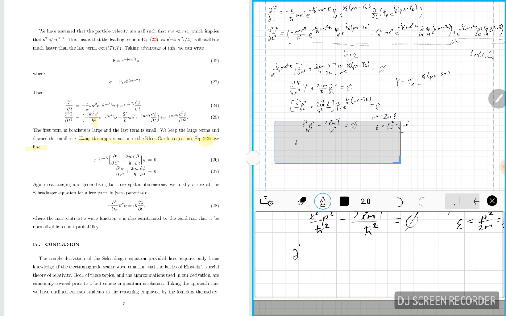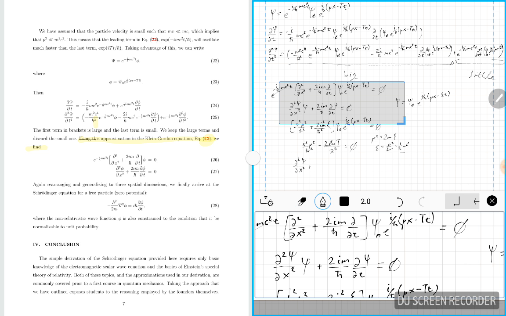Now you'll notice that we only have kinetic energy. We don't have potential energy. And that's what's missing in our equation.